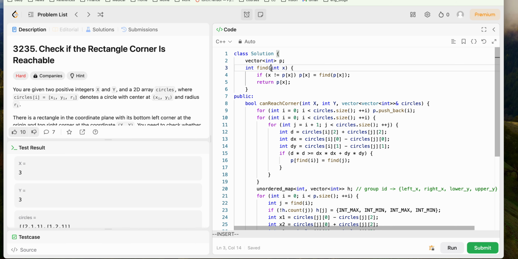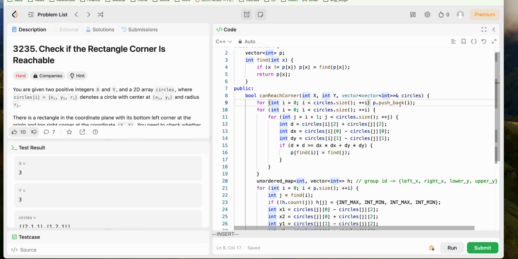So we have this p and also the find function. Okay, then we initialize p. Then for each circle, we check all the other circles. If d times d greater than this one, this means the summation of these two radius is greater than the distance.